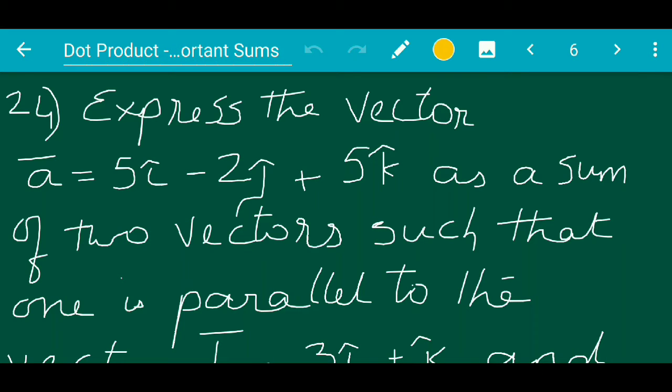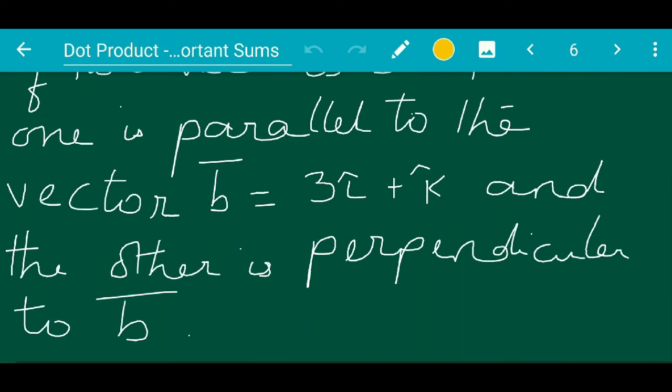The 24th sum. Express the vector a bar equal to 5i minus 2j plus 5k as a sum of two vectors such that one is parallel to the vector b equal to 3i plus k and the other is perpendicular to b. So the vector a has to be expressed as the sum of two vectors, say c and d, whereby c is parallel to b and d is perpendicular to b.